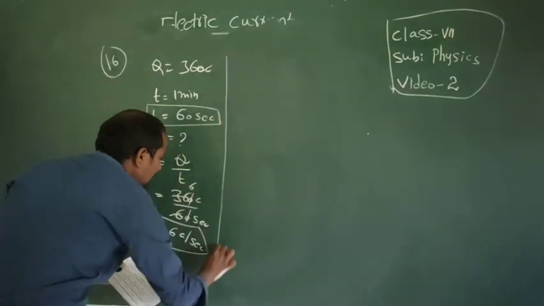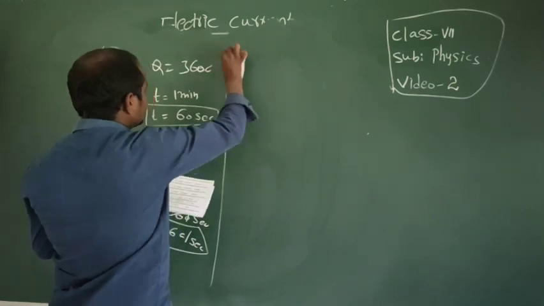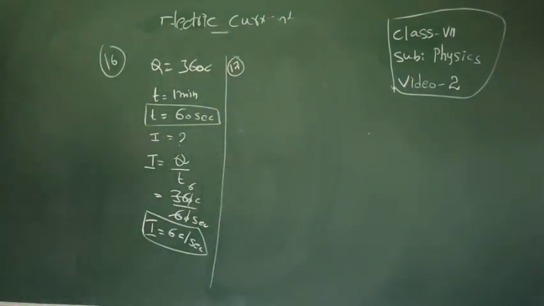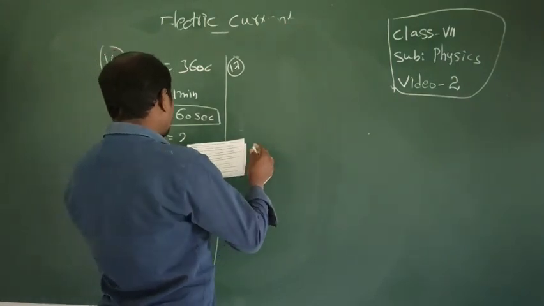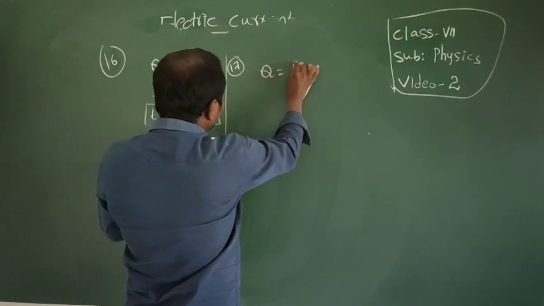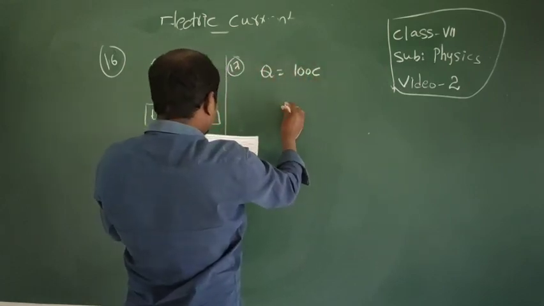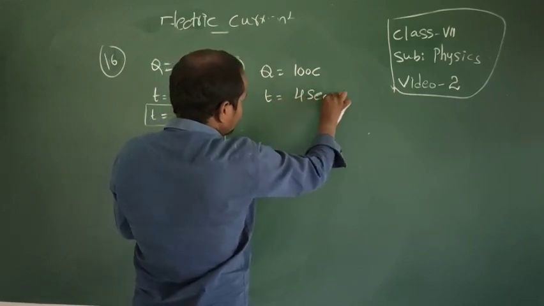Now 17th one. How much current will be in a circuit if 100 coulombs flow past a point in a circuit in 4 seconds? To find the electric current, again the same formula, but here Q is given. Q equal to 100, T equal to 4 seconds.